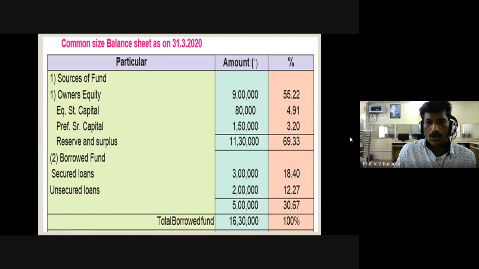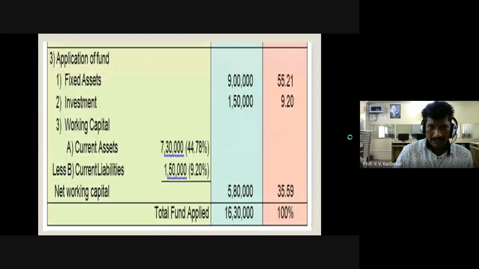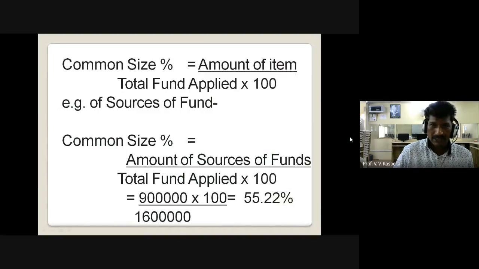If we calculate the percentage with total borrowed fund, it is 4.91. With the help of this formula, already we have seen this formula, common size statement, amount of item divided by total fund applied into 100. Okay, we have solved one example here.